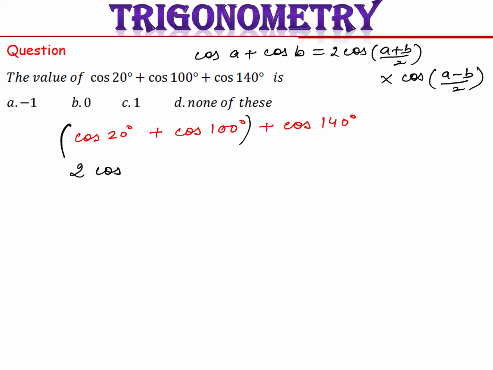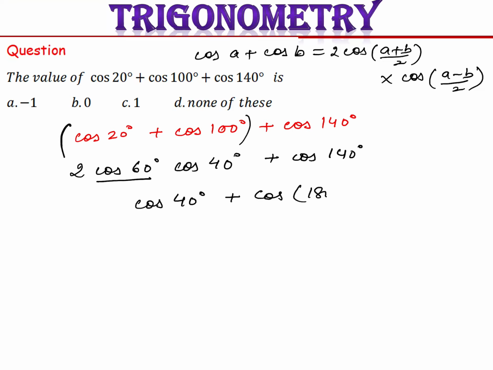2 cos (A plus B) by 2, 120 degree by 2, which is 60 degree, and cos of minus 40 degree, again the cos absorbs the minus sign, so cos 40 degree, plus cos 140 degree. Cos 60 degree is 1 by 2 and that cancels with the 2, so I am only left with cos 40 degree plus cos 140, which can be written as 180 minus 40 degree.